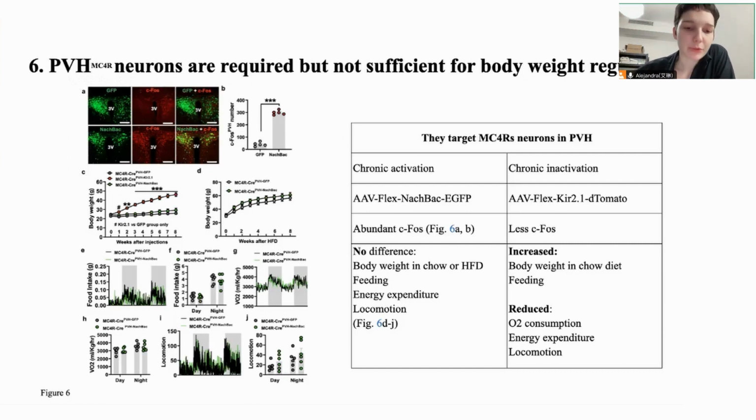They created two models, one with a chronic activation that was caused by delivering an adenovirus with a NaChBac, and the other with a chronic inactivation that was caused by delivering an adenovirus with Kir2.1. So in the chronic activation, they found, of course, abundant c-Fos, while in the chronic inactivation, they found less c-Fos.